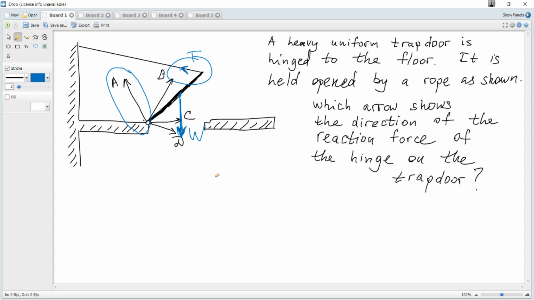The net horizontal force should be 0, so it cannot be A. So we can eliminate A, but we cannot choose between B, C, D.